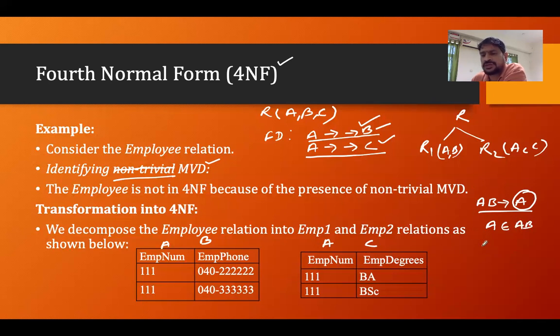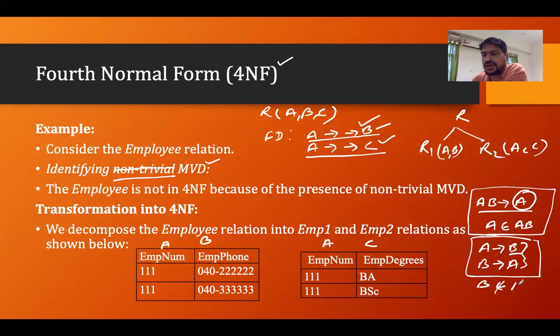What is non-trivial functional dependency? If it is like this, or it is like this, these two are non-trivial functional dependencies. It means we don't have this type of scenario. If we have that type of scenario, that is called trivial. If it is this type of scenario, this is called non-trivial. Why? Because B doesn't belong to A, right? And for this functional dependency, A is not a subset of B. So this is called non-trivial.